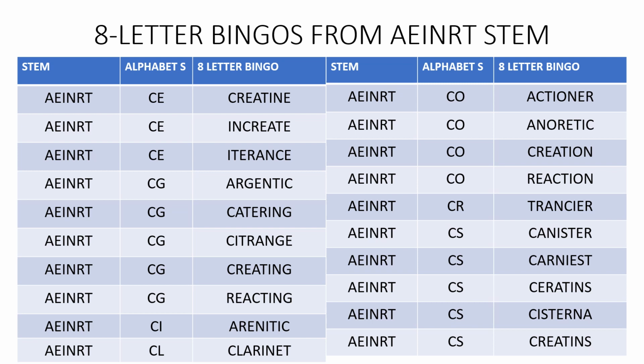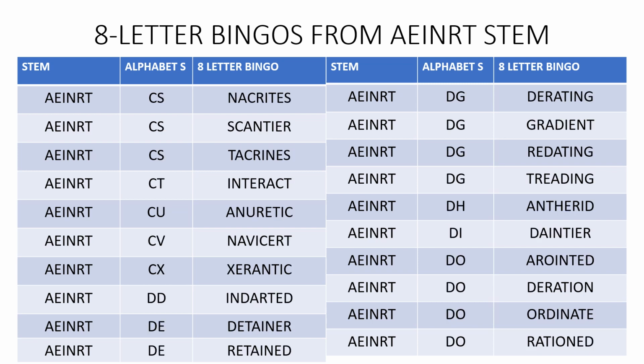There are some with CO, like actioner, creation, reaction. Not difficult to remember. Corneast with CS, and actually with CS there are many. There's just one with CT, that is interact, and then with CX, a very useful word which might give you a very high score: Xerontic.